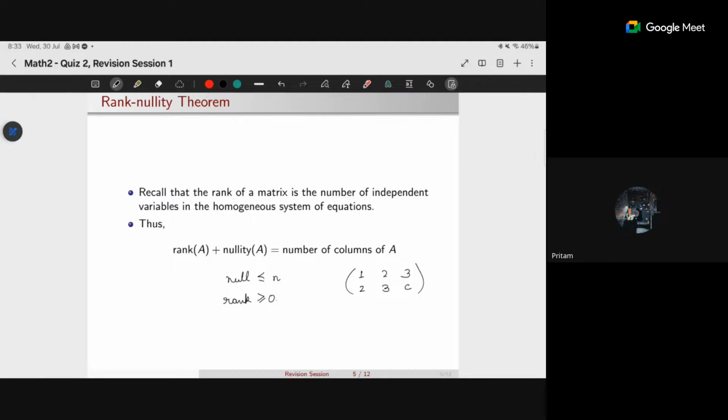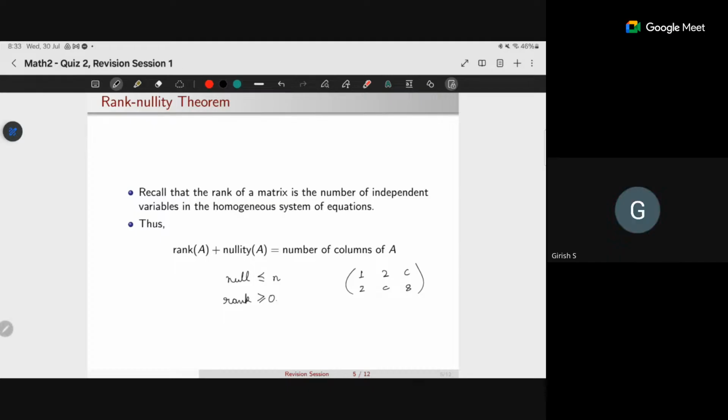And rank 2 means nullity is always 1. So in this case, irrespective of the value of C, this will be fine. But if you have something like this, let's say with an 8, what are the possible values for rank and nullity? Rank would be 1 because the second row can be a multiple of the first.